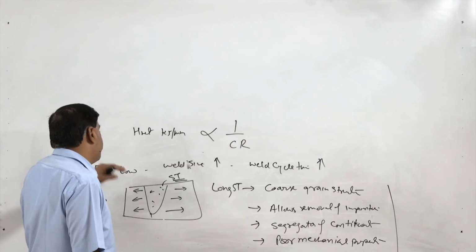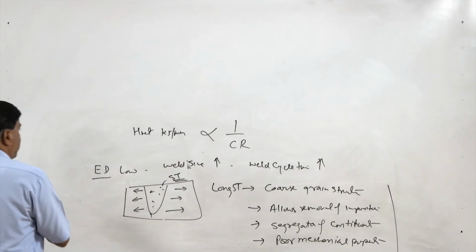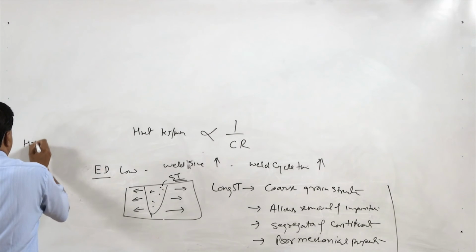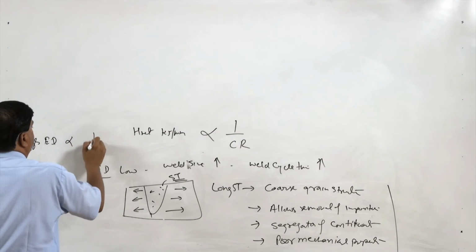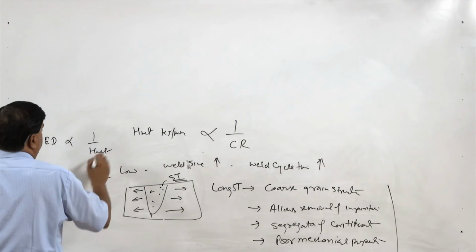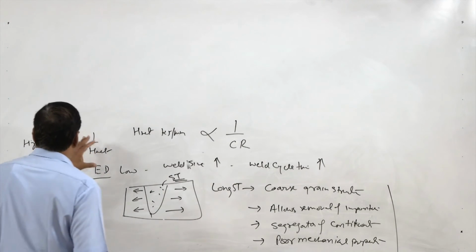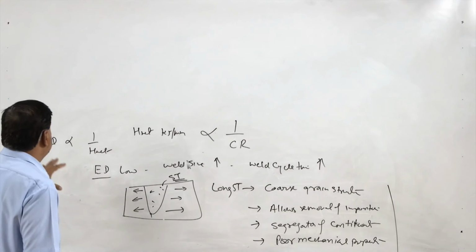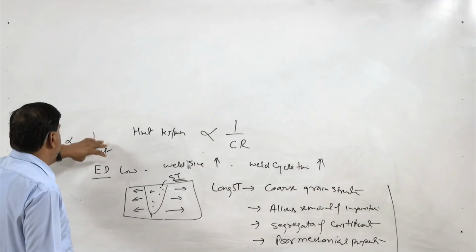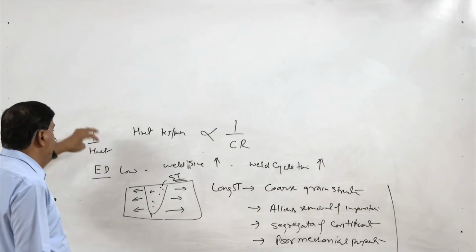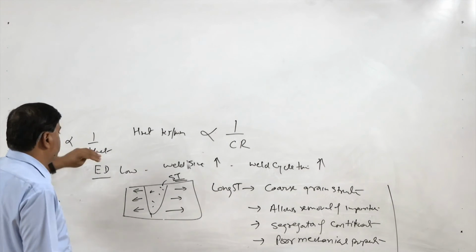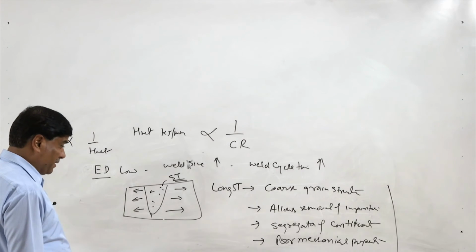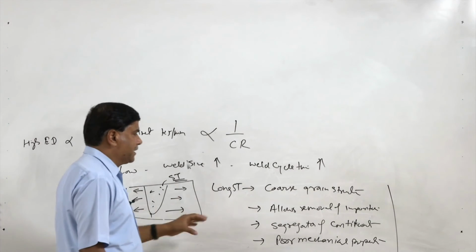On the other hand, higher the energy density, lower will be the H net required. So these are again inversely related. High energy density, the heat input will be low; if the energy density is low, the heat input will be high.